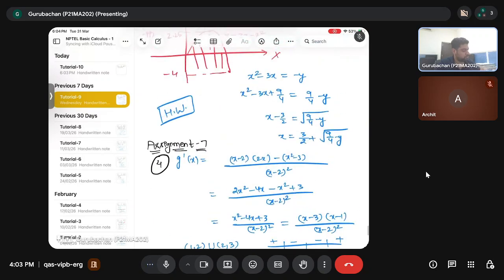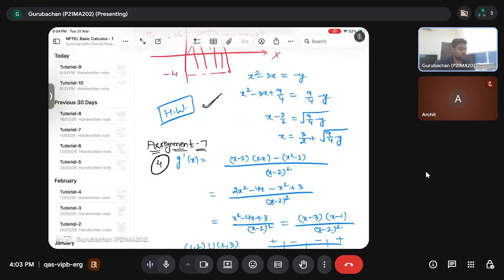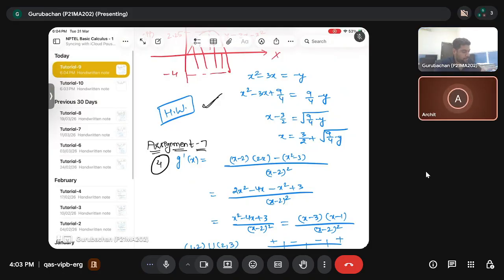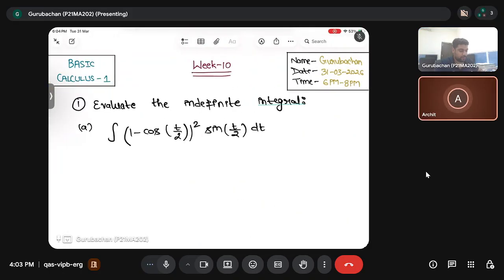Archit, is it visible? Yes, sir, it is visible. I know there are some questions left in the last class, but there will be one extra class in the upcoming week.